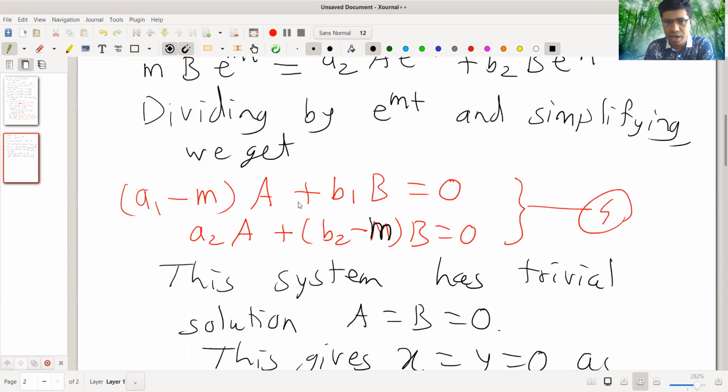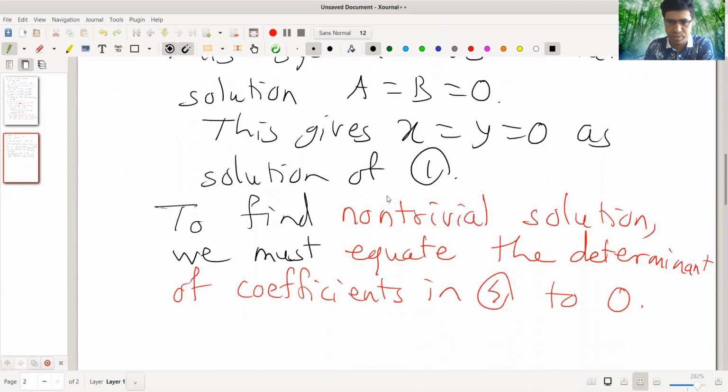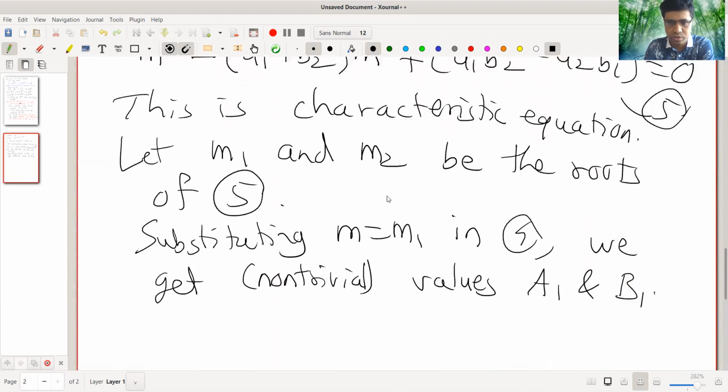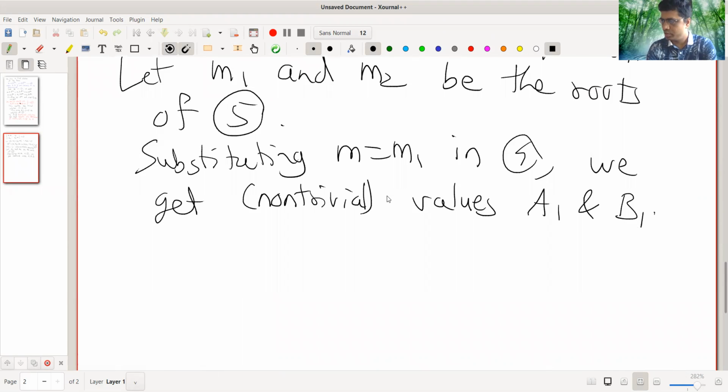Anyways, we will have infinitely many values for A and B, and we can take any one such pair A and B which is non-trivial, that means where we get non-zero values of A and B. So this gives one solution.